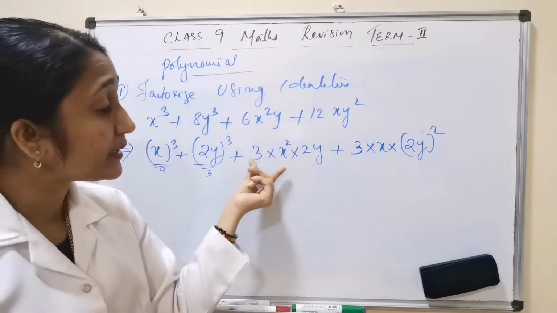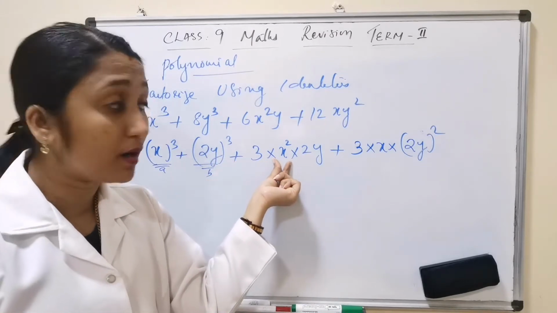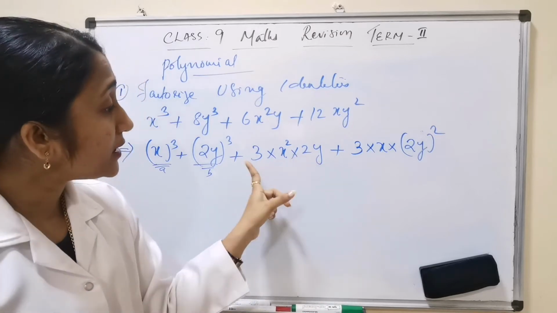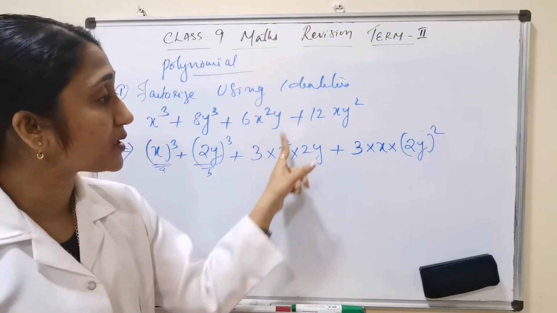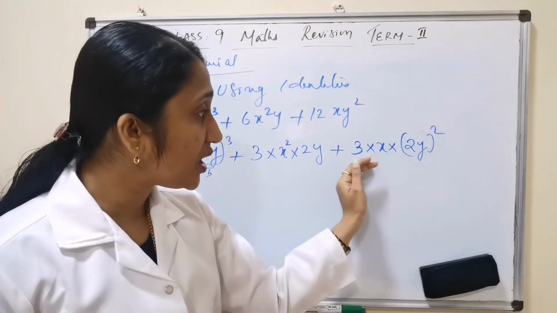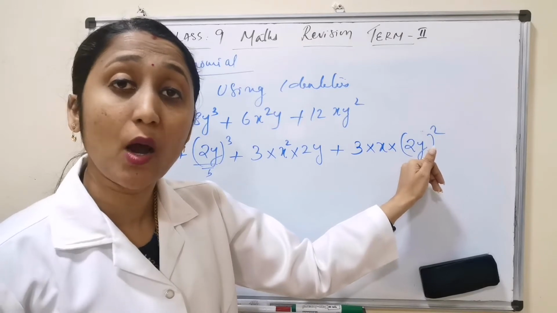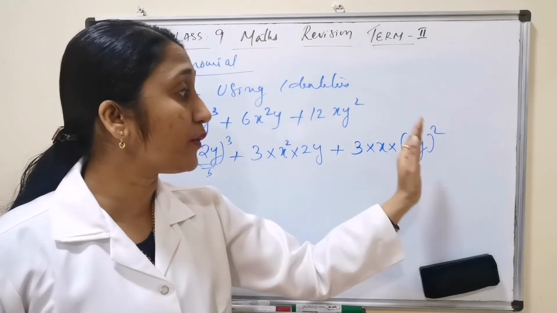Again we split the term: 3 into the first term x square and the second 2y, 3 into 2, 6x square y. Similarly 3ab square, that is 3 into x into 2y the whole square. 2 square is 4, 4 into 3, 12.